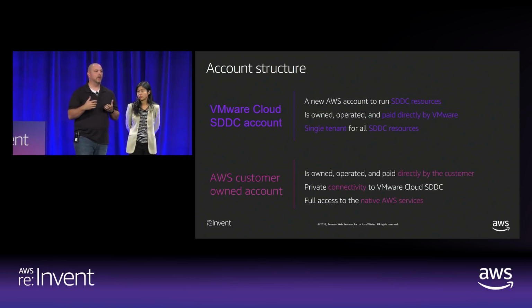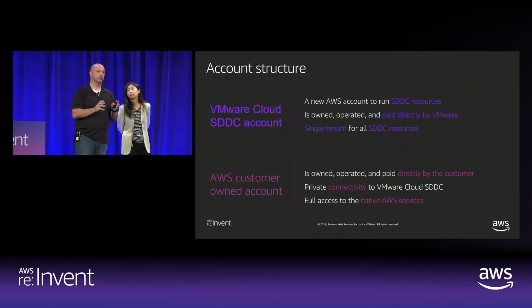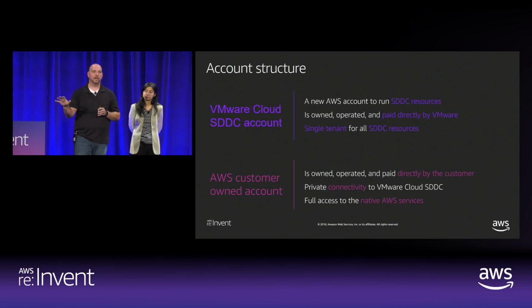When I click to deploy a new VMware Cloud on AWS environment, I don't see EC2 instances pop up in my account. What's happening behind the scenes is VMware actually creates a dedicated AWS account just for you, so it's a single tenant solution, and they deploy all of the VMware Cloud on AWS resources into that account. They will then connect this account back over to an AWS account that you specify at the time of provisioning.